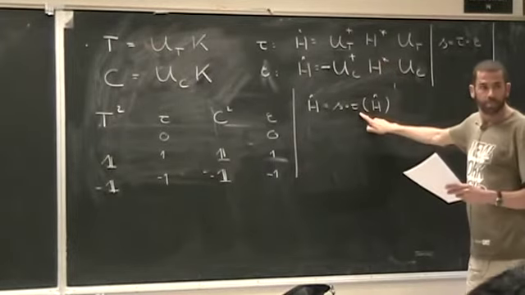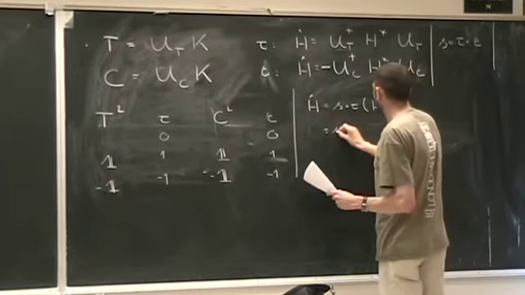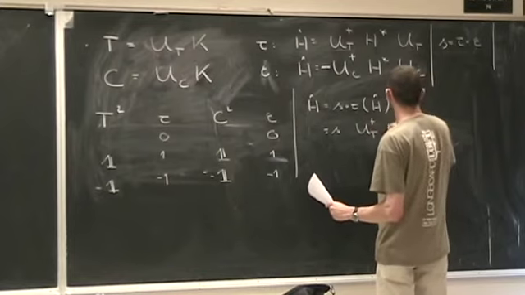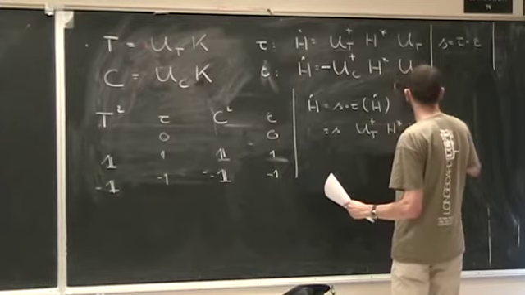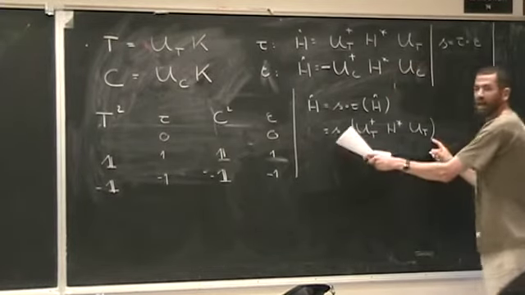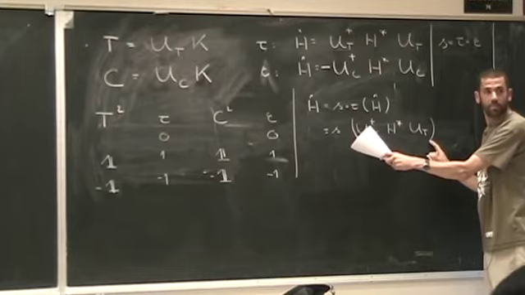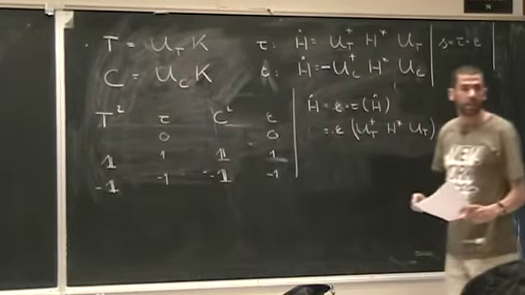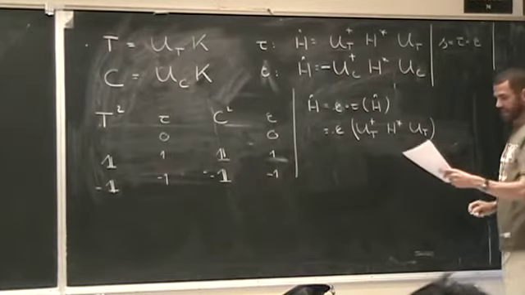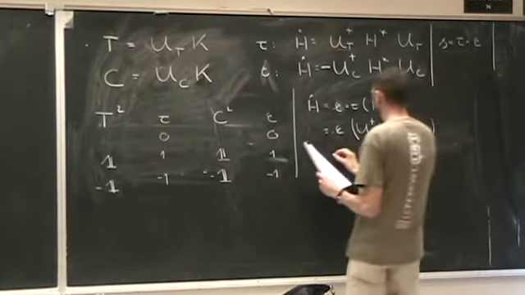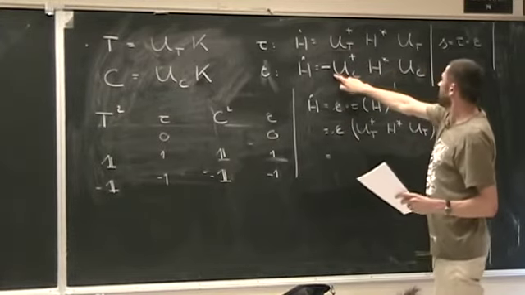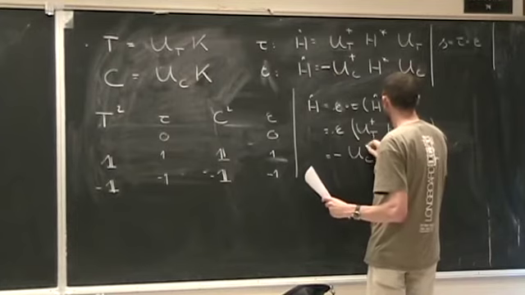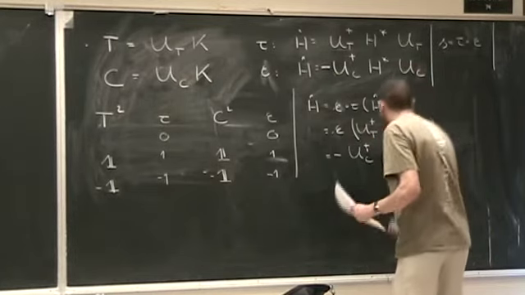So let's first do tau. Then we get tau: U_T transpose dagger H complex conjugate U_T transpose. And then we apply C to the whole package. We have C, it's this here, so we get a minus sign, U_C dagger.